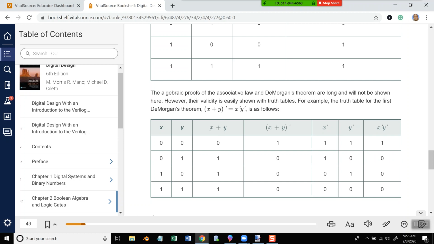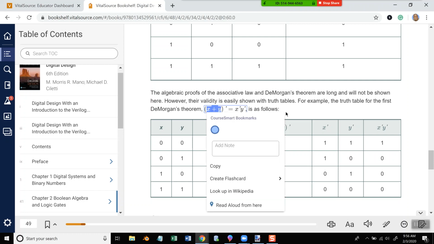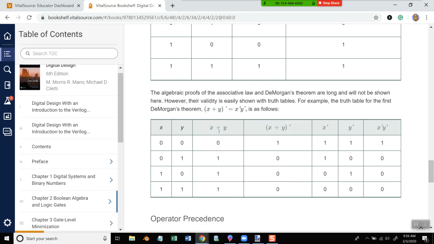Again, you take it in pieces. Like here, De Morgan's theorem, they're focusing on the left side first. So you got x or y. So you got a column where you got x or y. 0 plus 0 is 0, 0 plus 1 is 1, 1 plus 0 is 1, 1 plus 1 is 1. Then it applies this to, or tilde, or apostrophe there, prime.